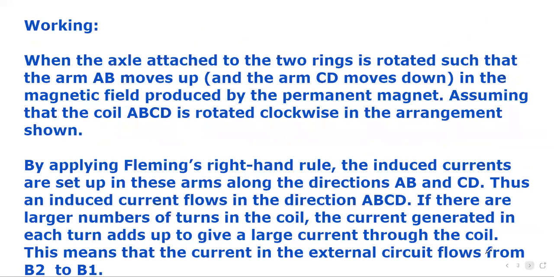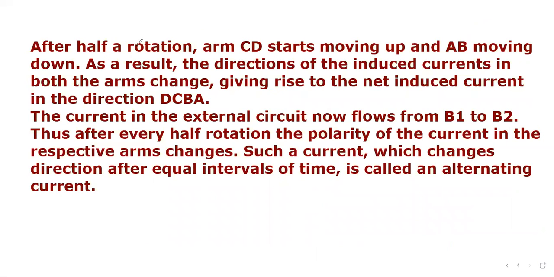So after half rotation, arm CD starts moving up and arm AB starts moving down. As a result, the directions of the induced current in both arms change, giving rise to the net induced current in the direction DCBA. So the current in the external circuit flows from B1 to B2.